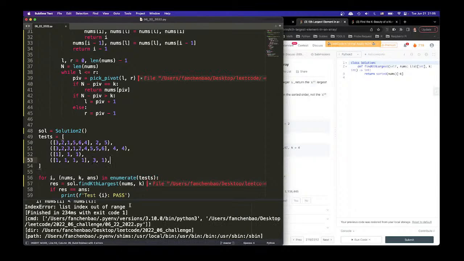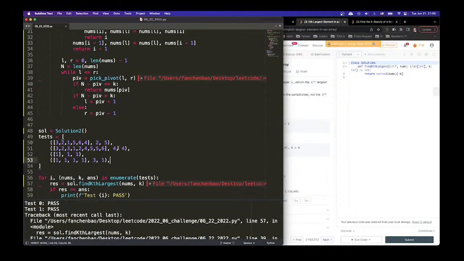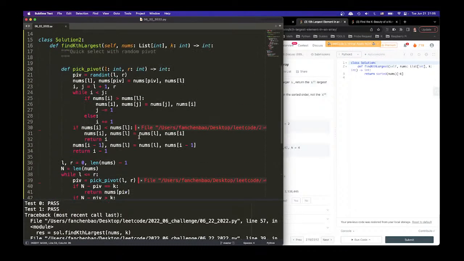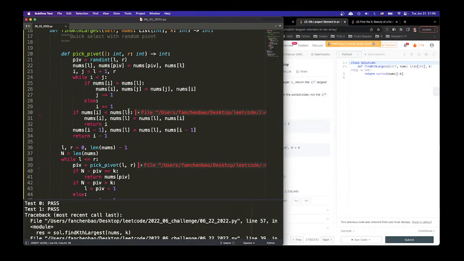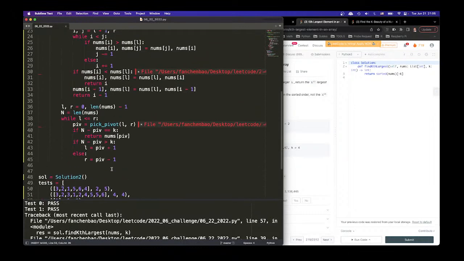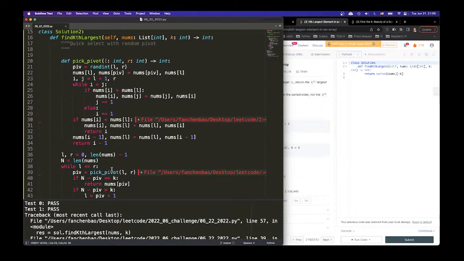Oopsie doozy, that is not right. So this one doesn't work. Why? So that will be 0 and 0.